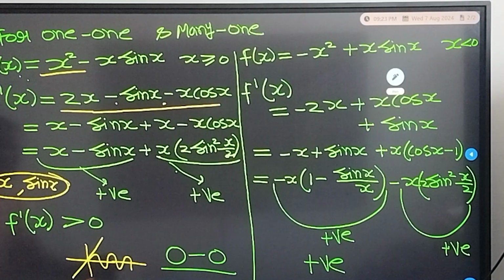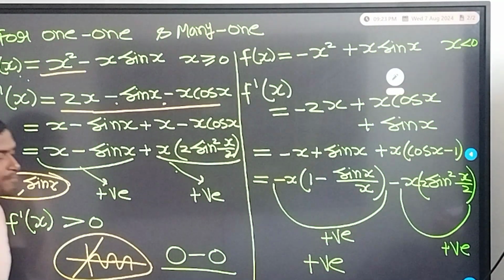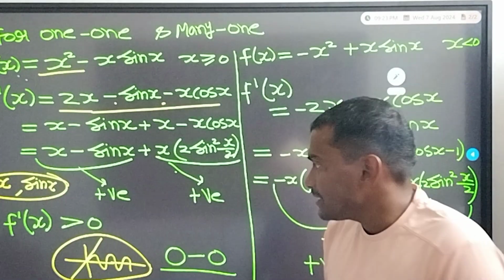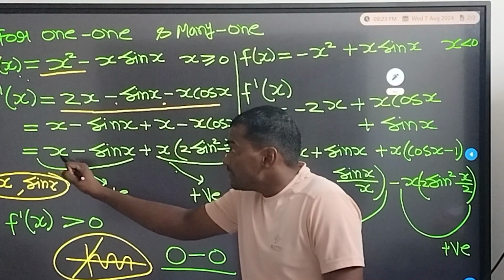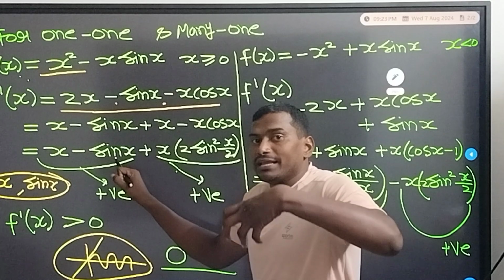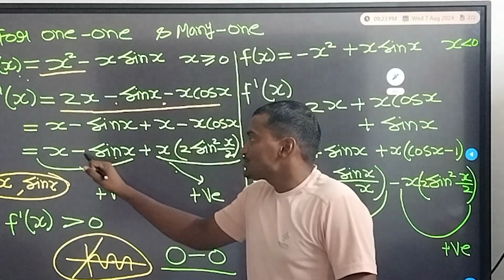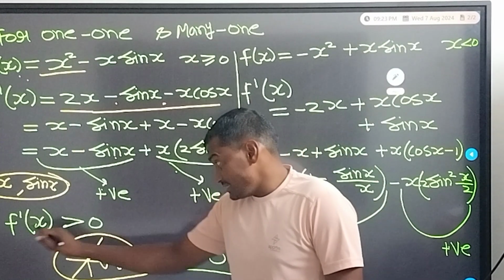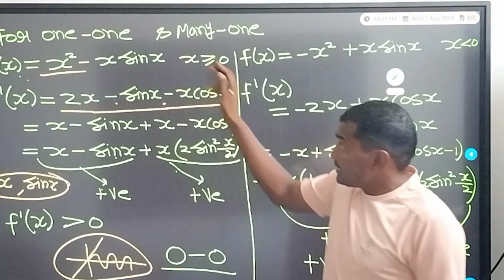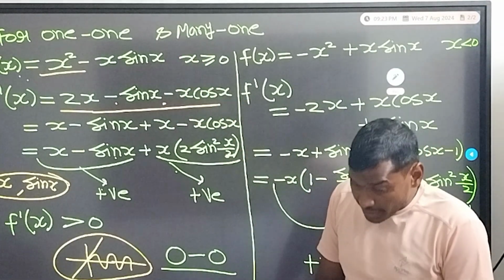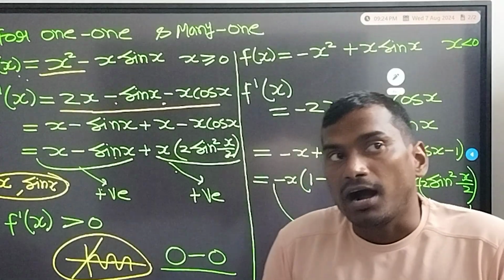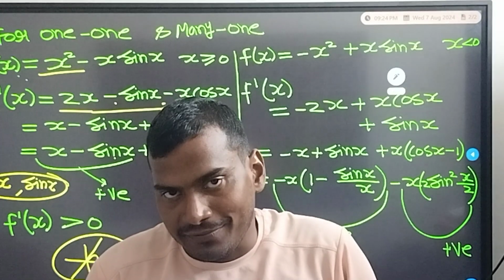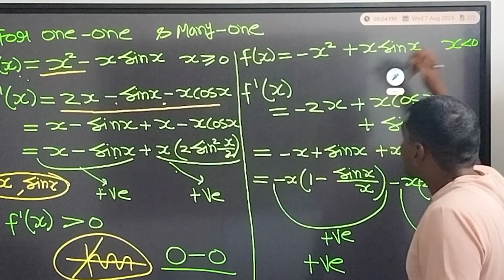So for all positive values of x, x will be always greater than sin x if you take any value from 0 to infinity. So this difference will always be positive, positive plus positive, positive. That means f'(x) is greater than 0 when x is greater than 0. But if it is 1-1, either dy by dx has to be throughout positive in the domain or throughout negative. So let us check in x lesser than 0.